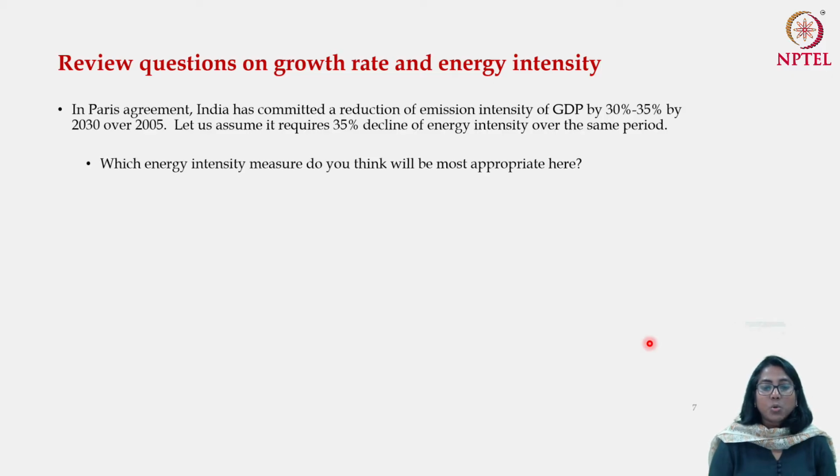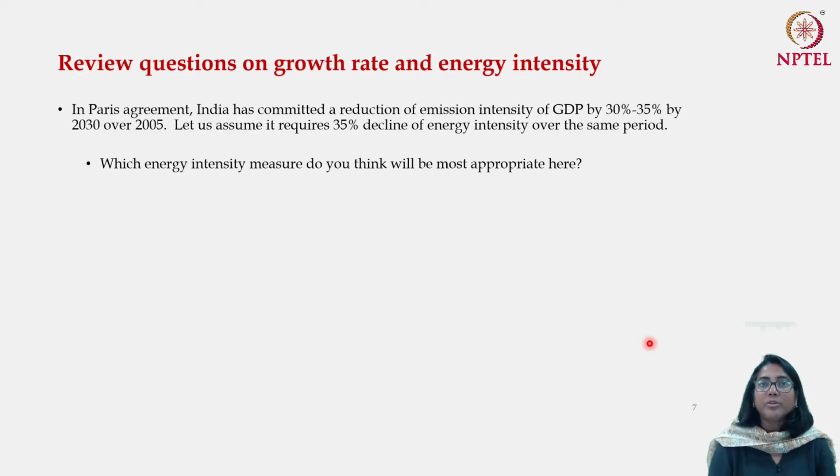Now the question is, which energy intensity measure do you think will be the most appropriate here? You had three options, E1, E2 and E3. In the case of E1, both energy use and production are measured in physical quantities. In the case of E2, the energy use was measured in physical quantities, whereas for the denominator we use the value of output.